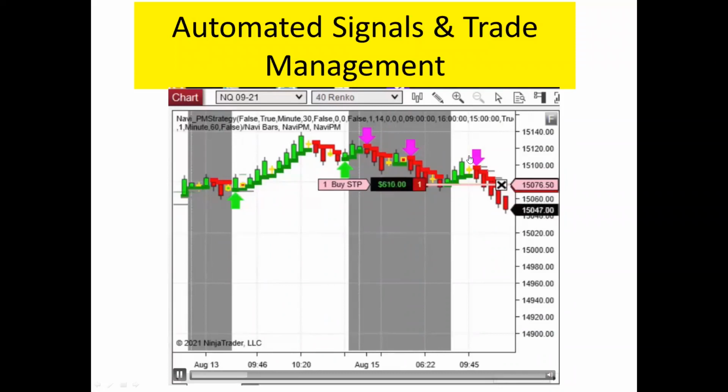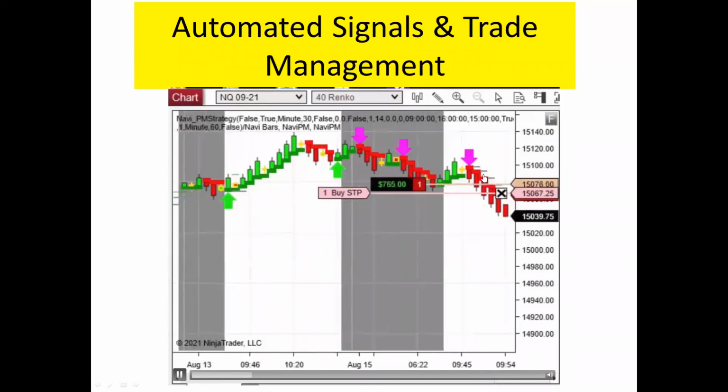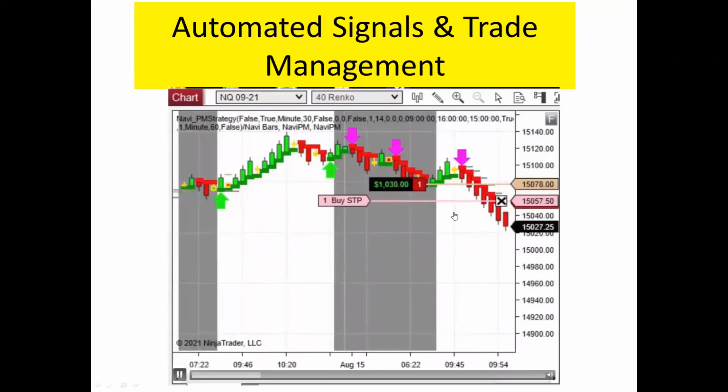All right, so we have that sell signal, as the market moves lower, it's going to adjust that stop downward automatically. The big benefit of this is it takes some of the emotions out of managing a trade. And typically you're going to get a further move if you let the trade play itself out. I'll show you this as we go along here.